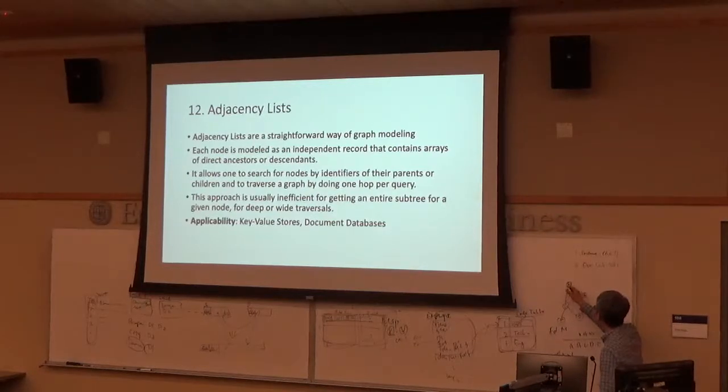If A is connected to B, it's 1. A connected to C, 1. And A does not connect to D, it's 0, 0. So 1, 1, 0, 0.